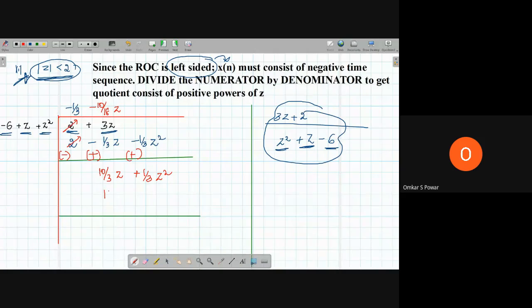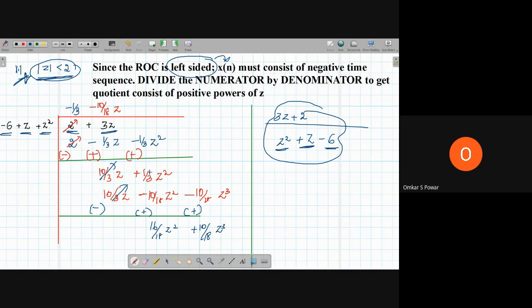So we get 10 by 3 into z minus 10 by 18 into z square, and minus 10 by 18 into z square, minus 10 by 18 into z cube. Now let us change the sign here: plus becomes minus, minus becomes plus, and minus becomes plus. So this term cancels, and here you will get 16 by 18 into z square, and here plus 10 by 18 into z cube.